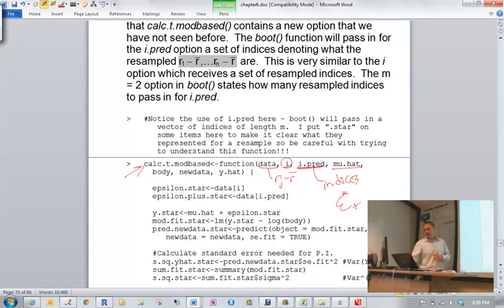I'm also going to pass in mu.hat. In other words, this is going to be our y hats for i equal 1 to n. I'm going to pass in my x variable. I'm going to pass in my new data that I want to predict at.